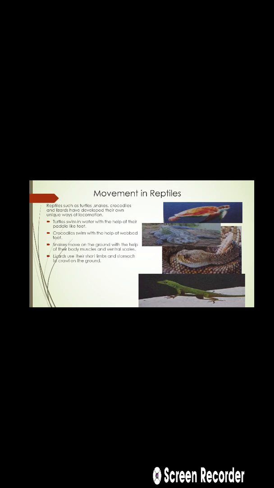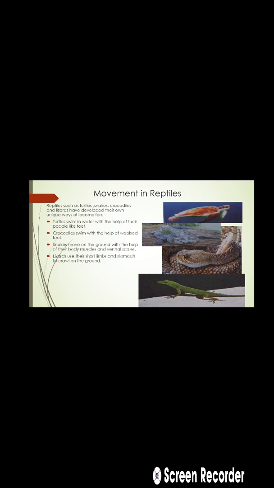Snakes have strong muscles as they move forward or backward. Their scales push against the ground. Because of the scales, a snake finds it difficult to move on a smooth surface, but moves easily on a rough surface.